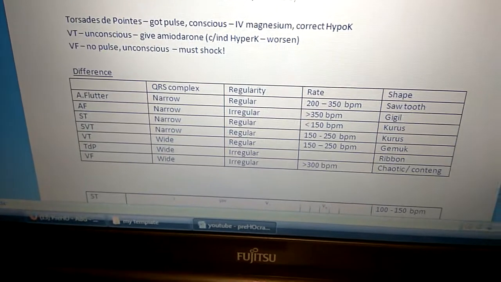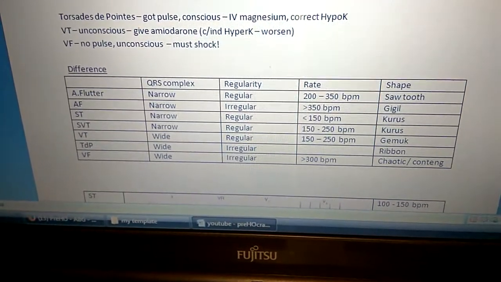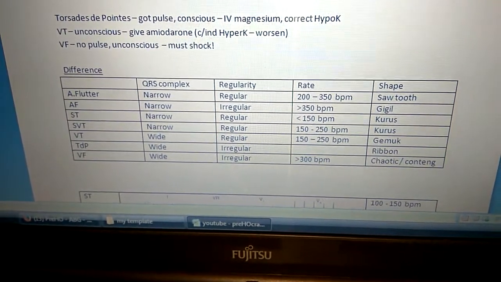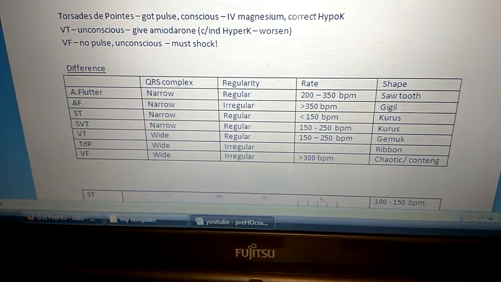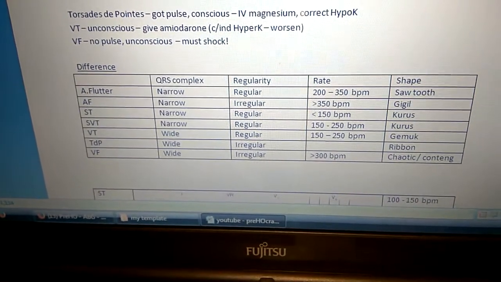So this is the difference. I already discussed with you earlier whether the QRS is wide or broad, and also the regularity.